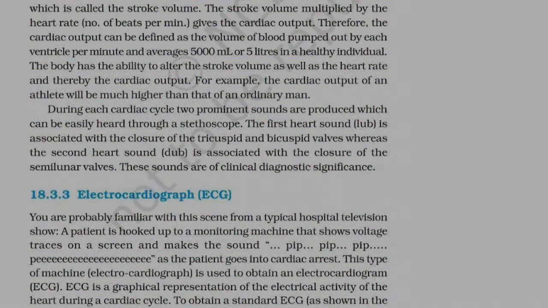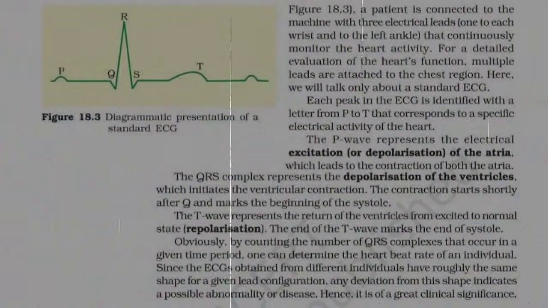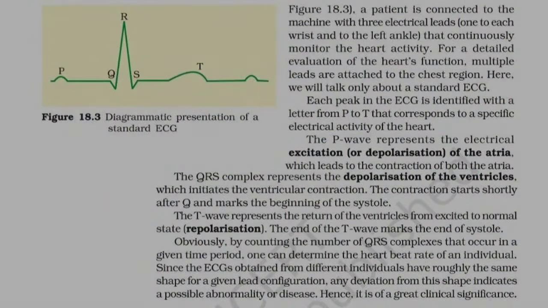To obtain a standard ECG, a patient is connected to the machine with 3 electrical leads, one to each wrist and to the left ankle, that continuously monitor the heart activity. For a detailed evaluation of the heart's function, multiple leads are attached to the chest region.